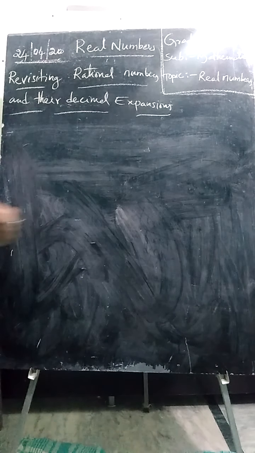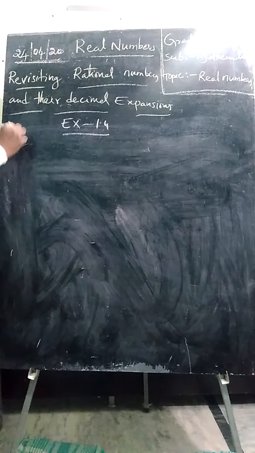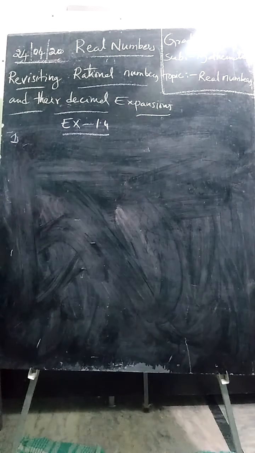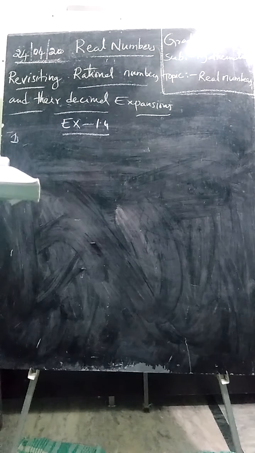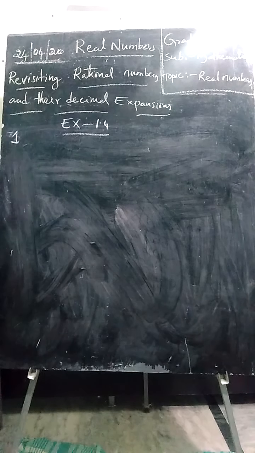Let us take exercise 1.4. In the first question it is given: without actually performing the long division, state whether the following rational numbers will have terminating decimal expansion or non-terminating repeating decimal expansion. Because rational numbers will be of only 2 types, terminating decimal expansion or non-terminating decimal expansion.